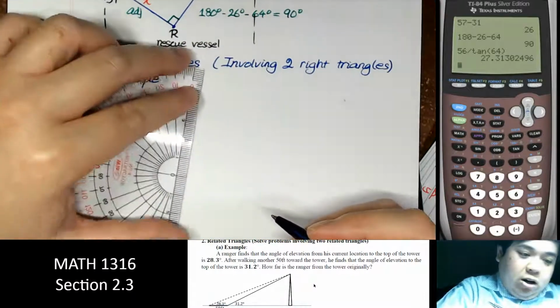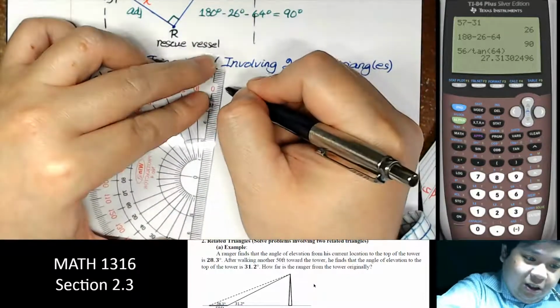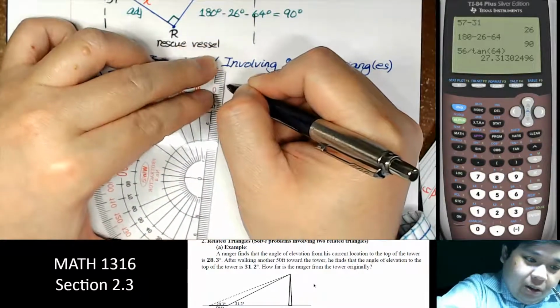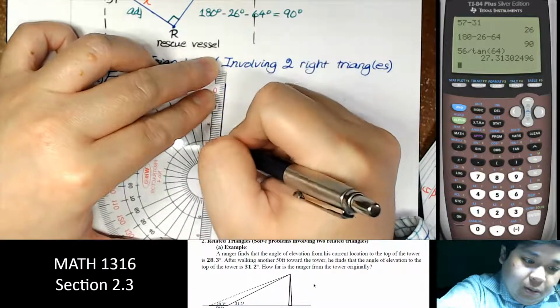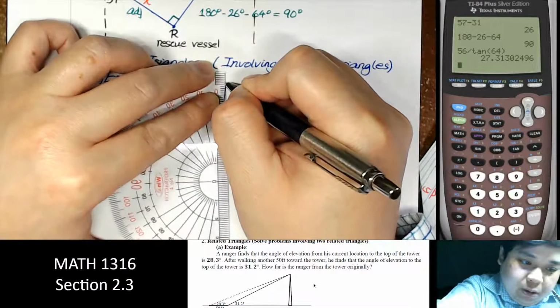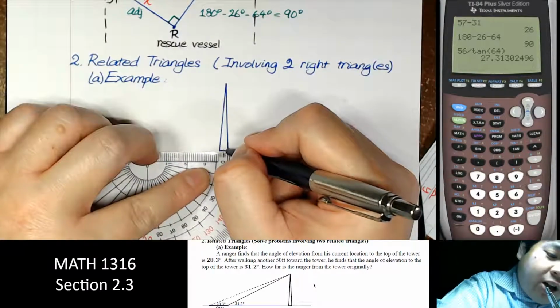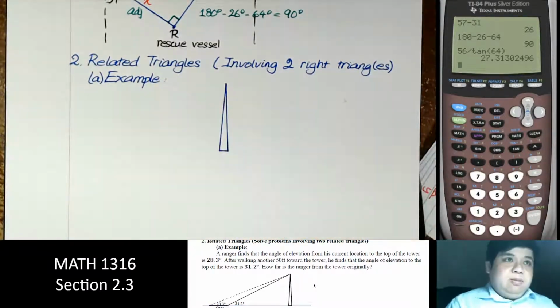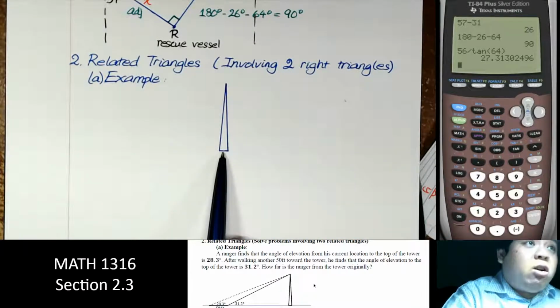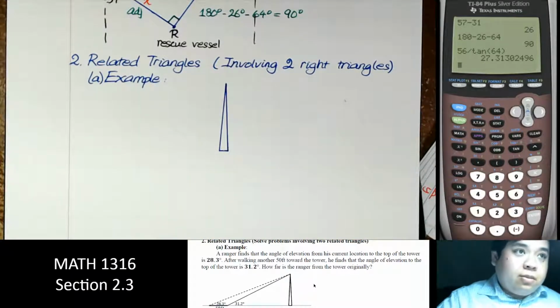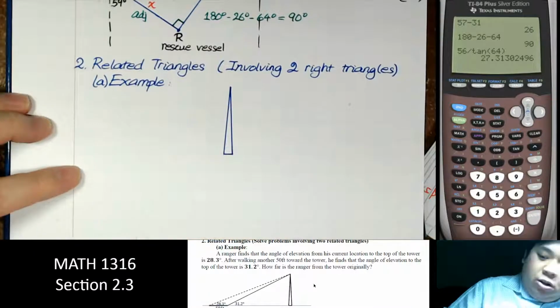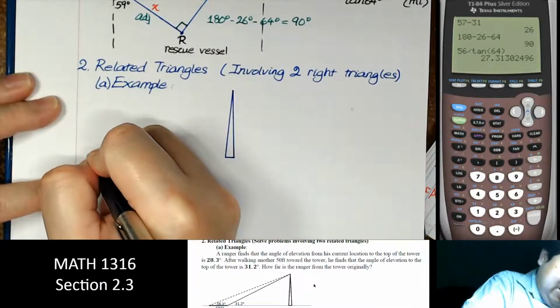Let's say we have a tower, and it is difficult to find the height of a tower, especially if we cannot get to the base. So we have a ranger over here.